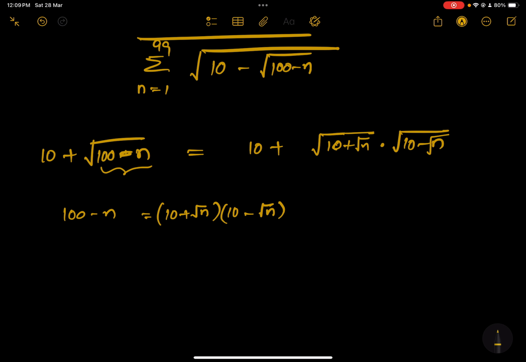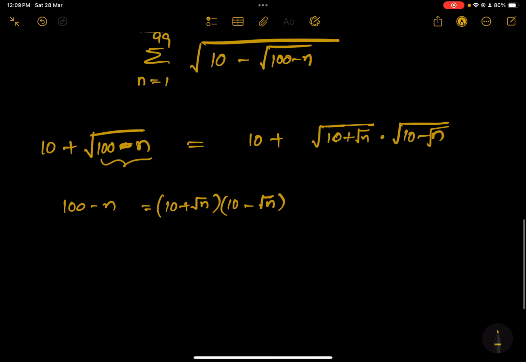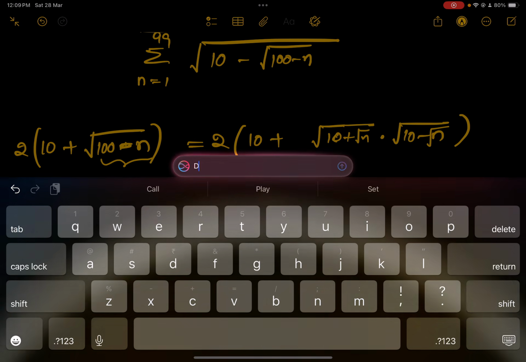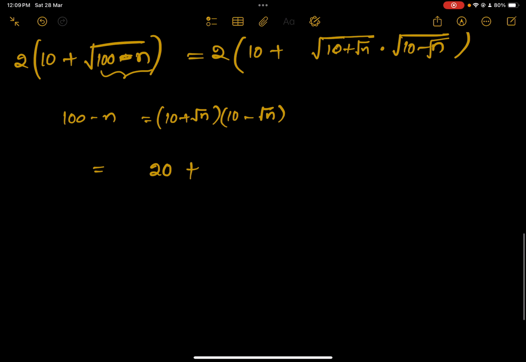Now one more thing that we are going to do is, let us say you multiply this with 2 on both sides. Then you have 20 plus 2 times root of 10 plus root n multiplied by 10 minus root n.